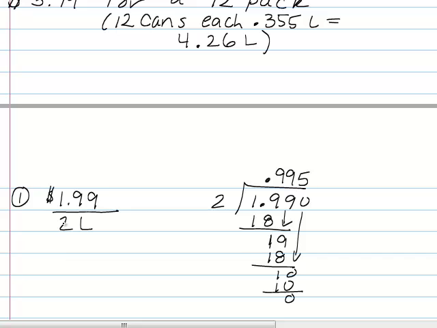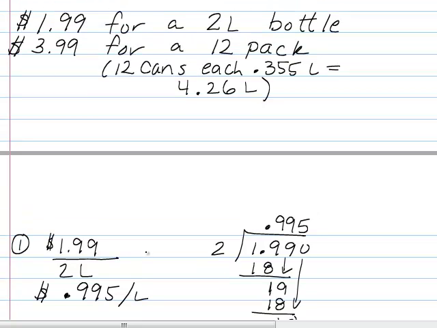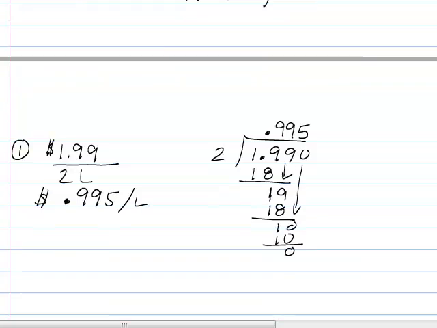So I know that the unit cost is 0.995 dollars, which is 99.5 cents per liter. For every liter, that's the cost when you have a 2-liter bottle. Okay, so our second choice was $3.99 for a 12-pack, which is 4.26 liters.